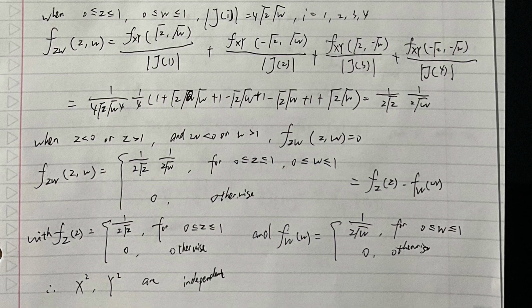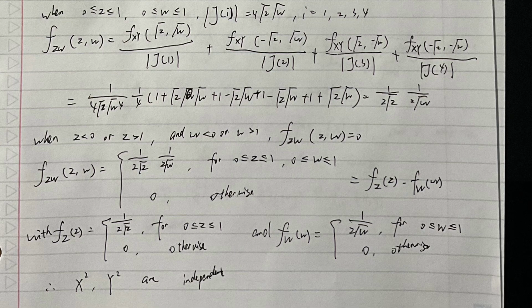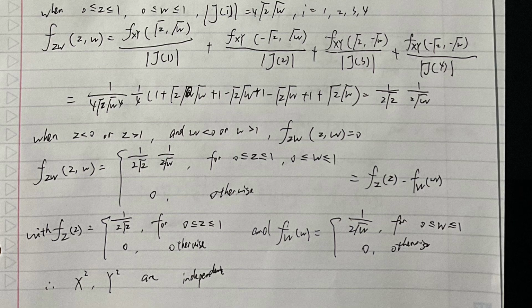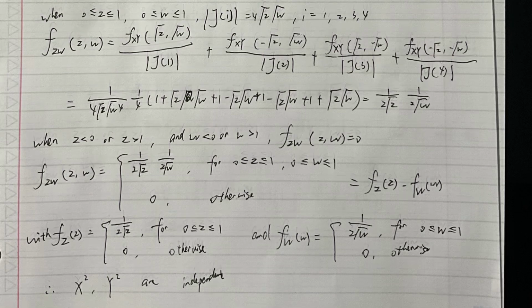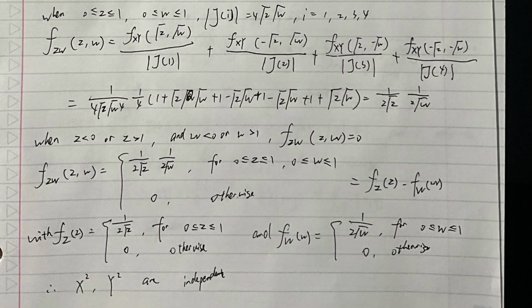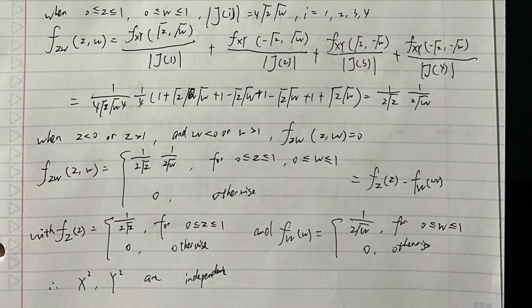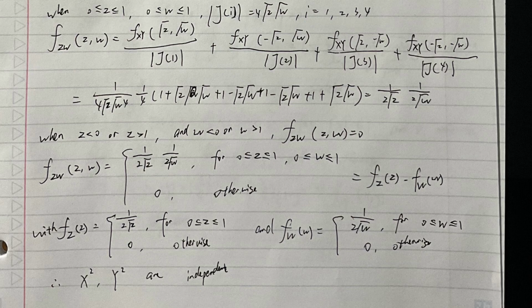And f_ZW equals 1 over 2 multiplied by root z, multiplied by 1 over 2 multiplied by root w, for z bigger or equal to 0, smaller or equal to 1, and w bigger or equal to 0, smaller or equal to 1, and 0 otherwise.